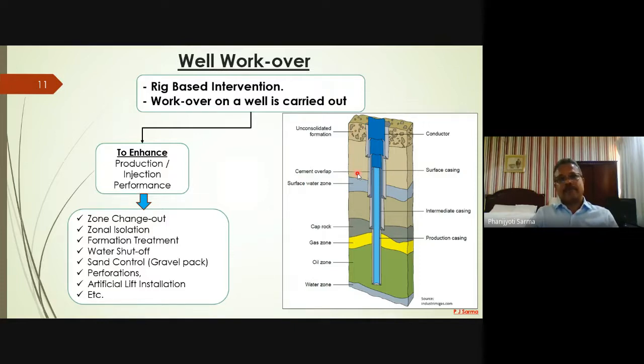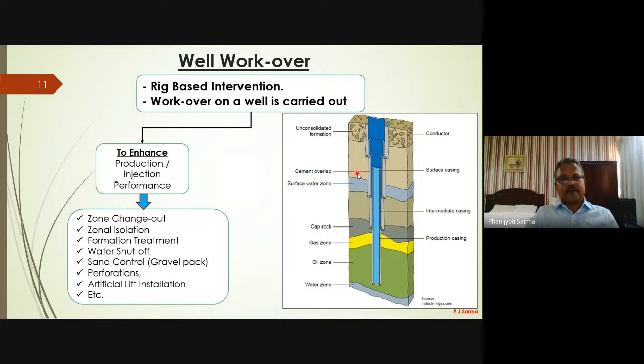Sand control: sometimes a lot of wells are not completed with a sand control mechanism, but over a period of time we encounter that the well is producing sand. So we need to install certain downhole sand control equipment. So that is done through the workover operation.